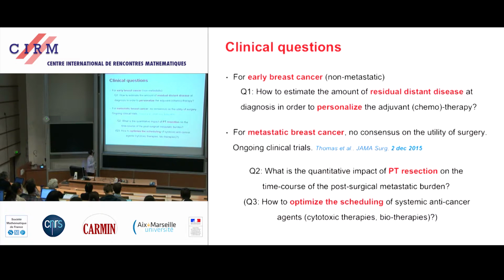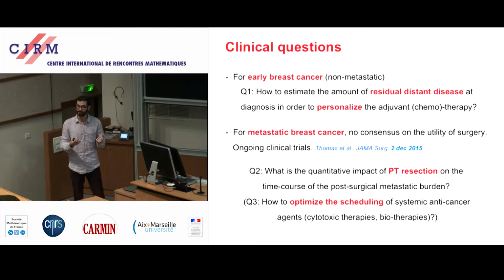Okay, clinical questions. What are important clinical questions that we could try to give answers to? For early breast cancer, when it's non-metastatic at diagnosis, the main challenge is how to estimate the amount of residual disease in order to personalize the adjuvant chemotherapy. We could think of it in order to identify the patients who will develop metastasis, to give them a larger number of cycles of chemotherapy, but it's also the reverse case.